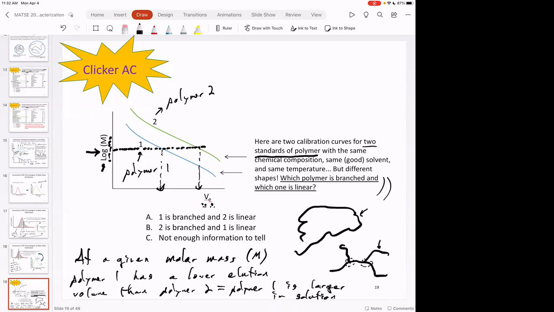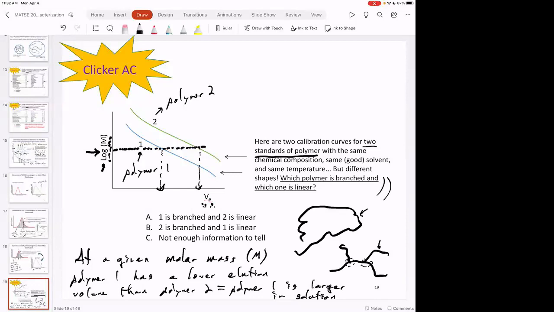Or in this case, we talked about branch polymers versus linear polymers. And the trick to this question is knowing that branched polymers for a given molecular weight are smaller than linear polymers. And we can sort of get that because of these junctions. There's more repeat units of the polymer in a smaller space when you have branching.